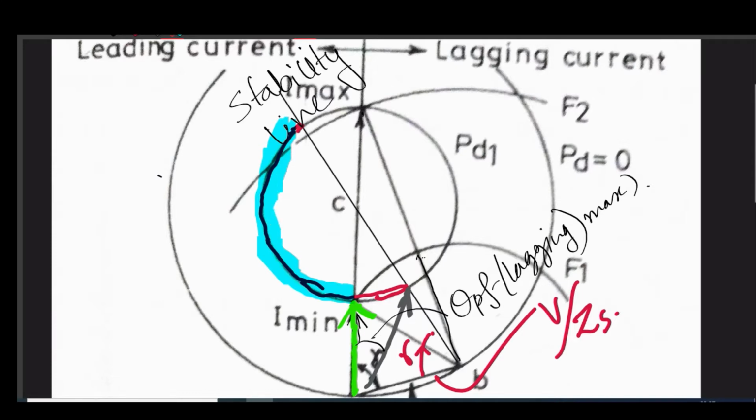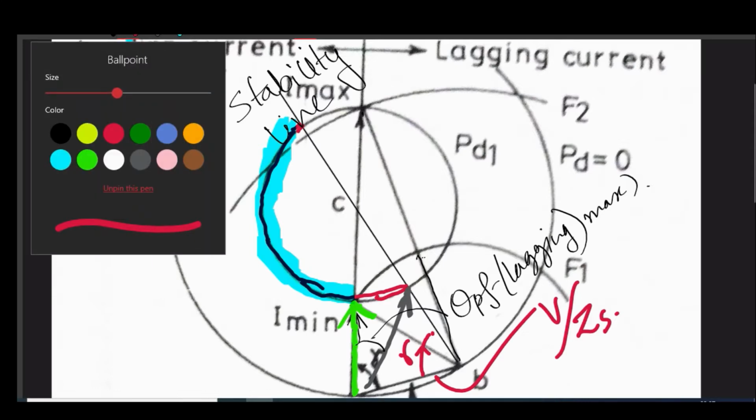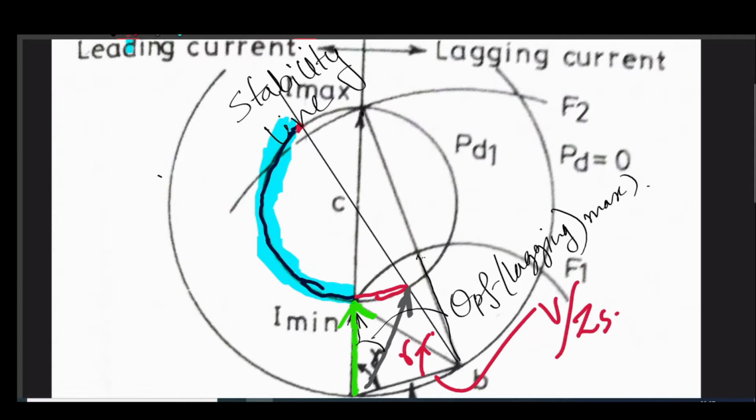So it is also very interesting to note that for leading current, our scope of varying this E naught is quite high. We can vary E naught to any extent, but for lagging current, we cannot vary it. For a given power, the scope of varying E naught is not quite high.